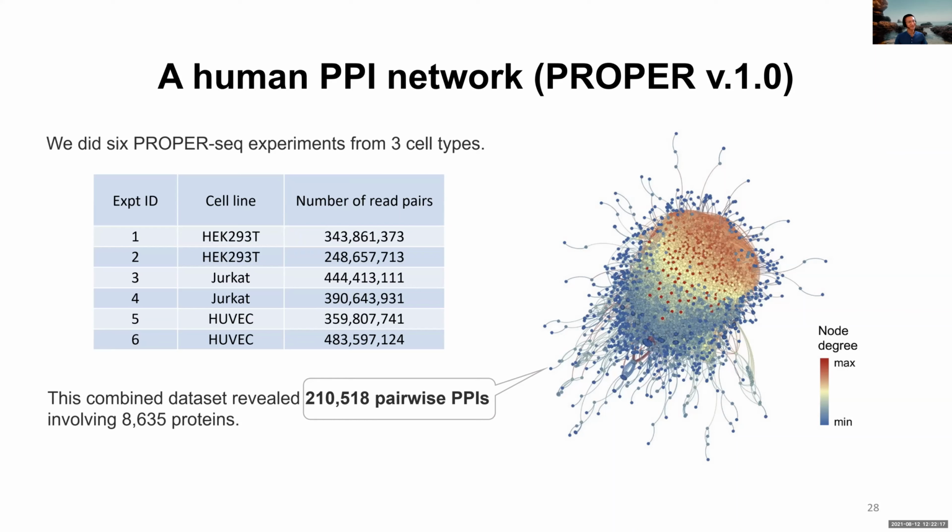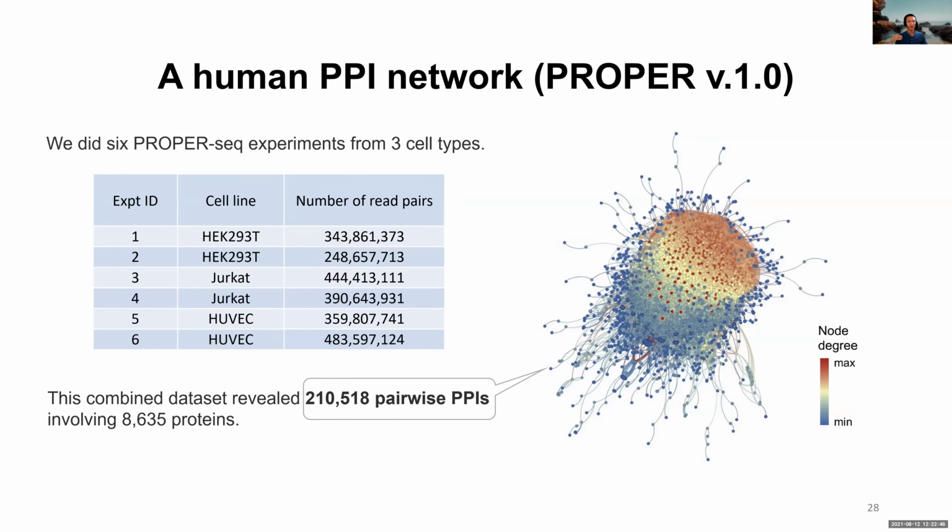Using this data through the PROPER-seq tools, we revealed 200,000 protein-protein interaction pairs involving more than 8,000 proteins. On the right-hand side is Irene's graphical representation of the entire collection of 200,000 PPIs of the human genome resulting from the 3 cell types.